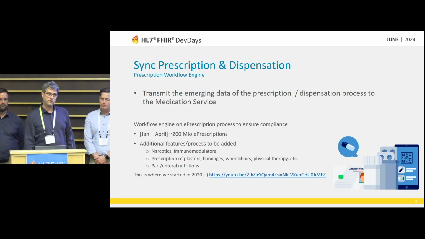There we have a specialized system, which is a workflow engine. In the workflow engine, the medication request is created, assigned, and automatically synchronized inside of our medication service, our healthcare record. Then the patient or the nurse is able to go to a pharmacist and get a dispensation.